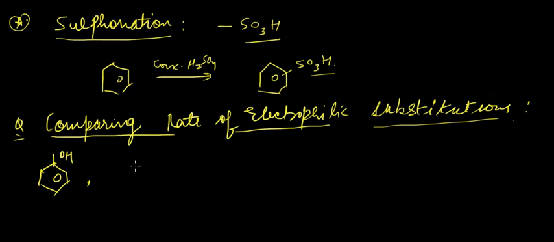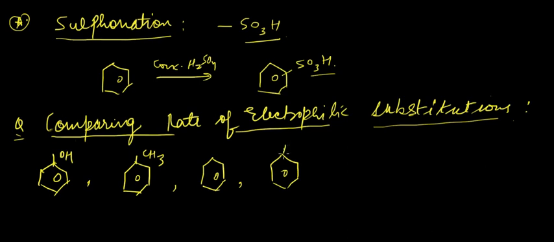OH here, CH3, benzene and nitrobenzene. So what would be the rate of substitution reaction? As you can see, this OH group donates its lone pair to form resonating structures with the benzene ring, hence it is a plus M group.